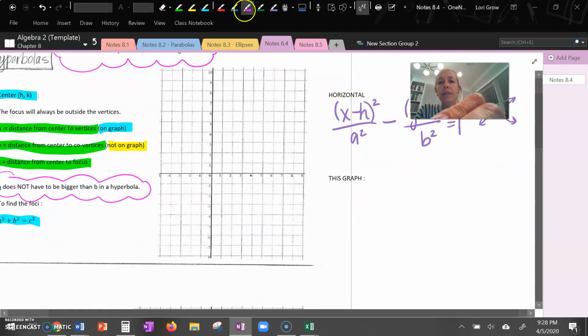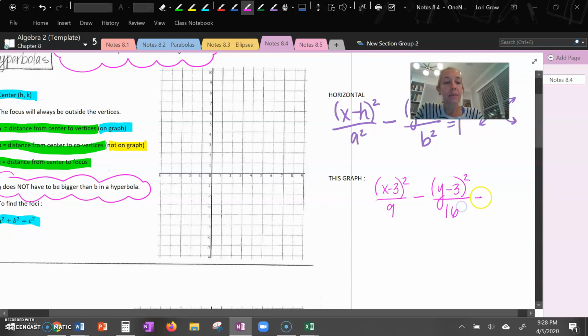For this example, let's go ahead and graph this equation: (x minus 3) squared over 9 minus (y minus 3) squared over 16 equals 1. Just like an ellipse, you're going to find the center, which is (3, 3).